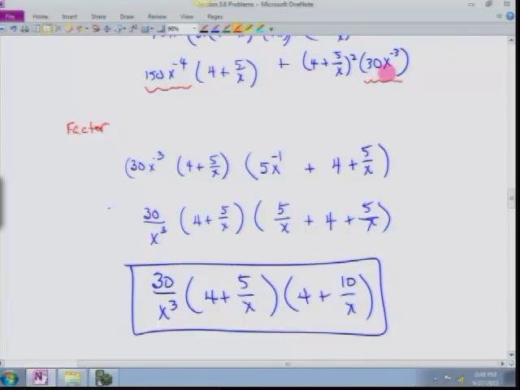The other reason to take this out: if you take out 30x to the negative 4, you're going to still leave something here. Wouldn't it, if you took it out, it would just be, I got 9 plus 5 over x plus x, instead of your 5 over x plus 4 plus 5 over x. Say again what you got.